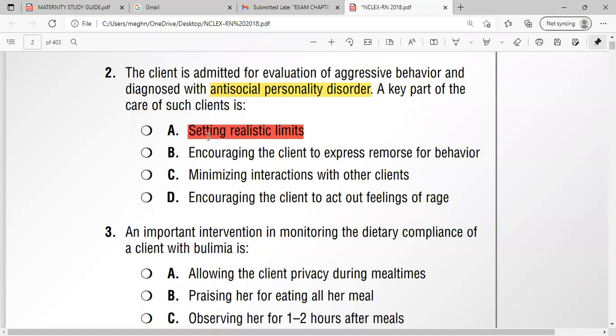So we prefer number A. The answer B is not correct because they do express the feelings, and number C or number D are incorrect because it is unnecessary to minimize the interaction with others or to encourage them to act out rage more than they already do. So what do we learn from here? We learn antisocial personality disorder patients always need realistic limits set.